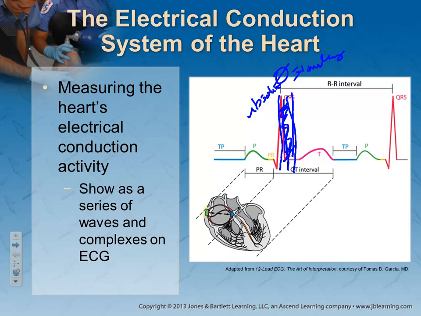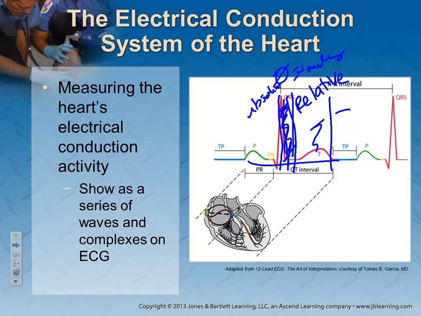But from this phase until here, this is your relative. So that means that a stimulus, a charge, can hit here, all right? And so while the cell is trying to recover, while the ventricles are trying to repolarize or trying to rest, a new electrical charge is trying to fire.